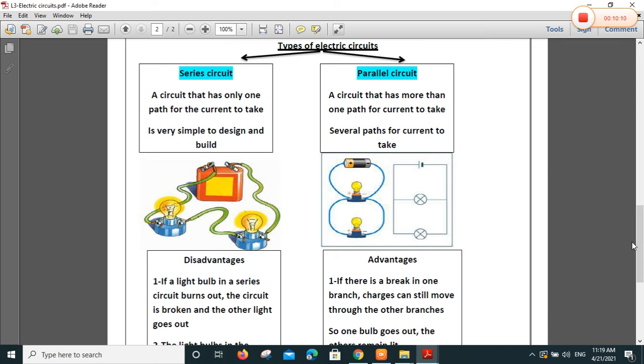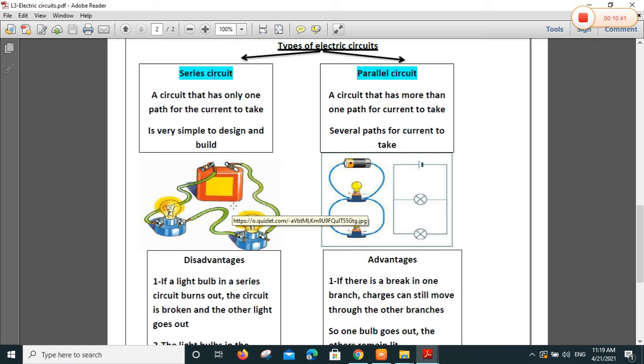In a series circuit, we have a disadvantage. Light bulbs in series are connected to each other, so if one burns out, all the circuit is broken, and the other bulb will not burn, the light goes out.